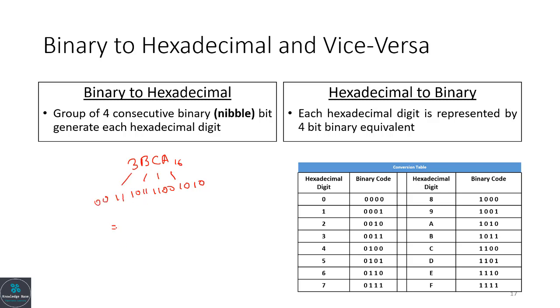So finally I will get 0011 1011 1100 1010. This is the binary equivalent of this number. Converting hexadecimal to binary and vice versa is very simple. You can use that conversion table.